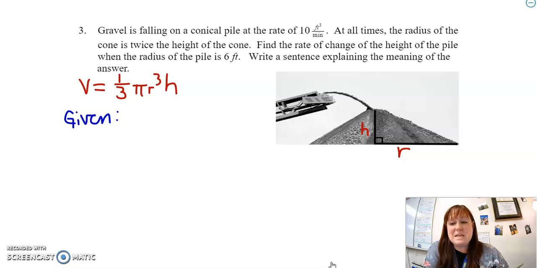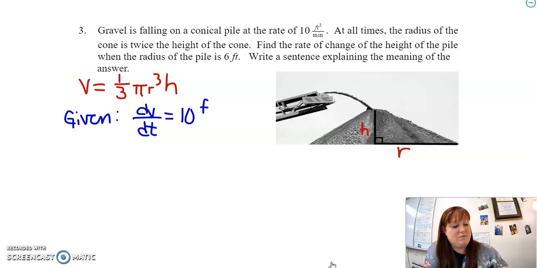So what does that mean? Well, feet cubed gives me the idea that this is volume because that's a cubic measure. And so I have to think about what is actually changing. Well, that means the volume of the pile is changing by 10 feet cubed every minute. So I know that the rate of change of the volume with respect to time, dV/dt, is 10 feet cubed per minute.